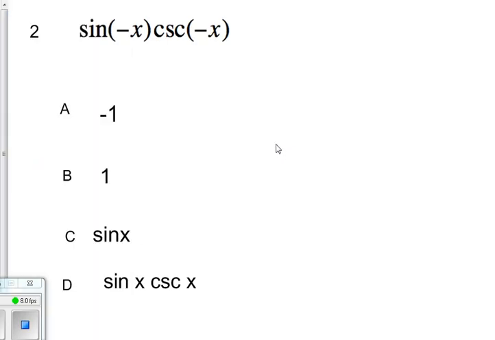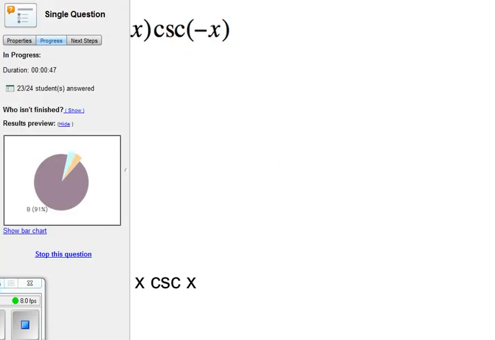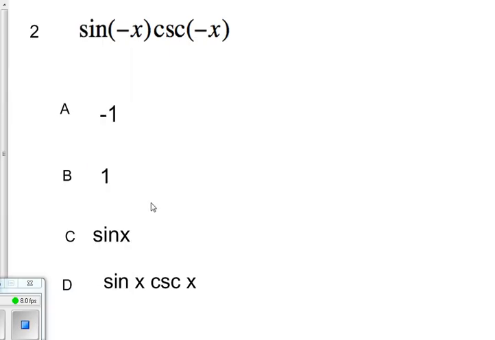Okay, 3 people still have to answer. One more. Good. 91% for this one. Okay, so if you still don't know these, just practice.